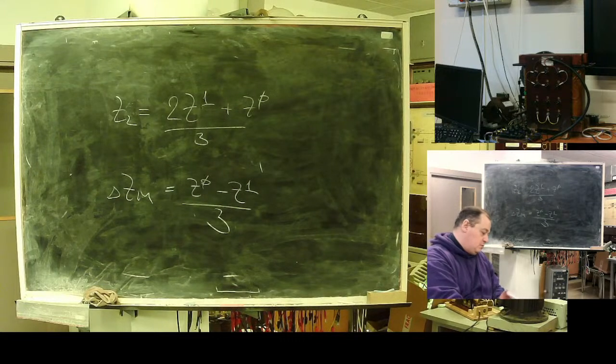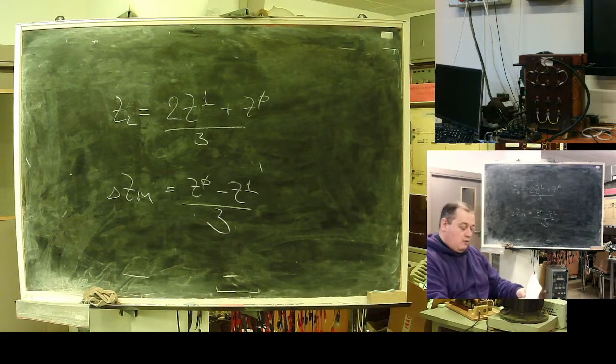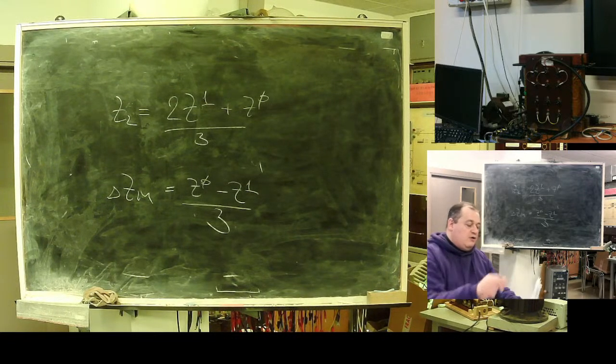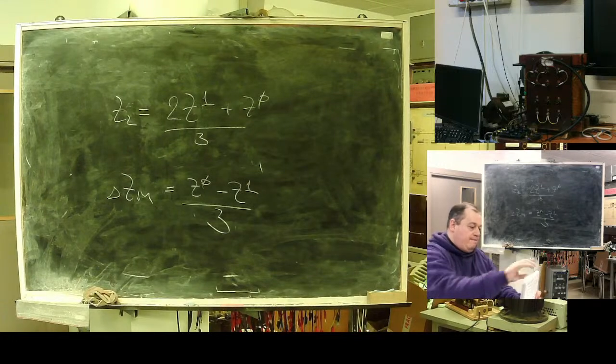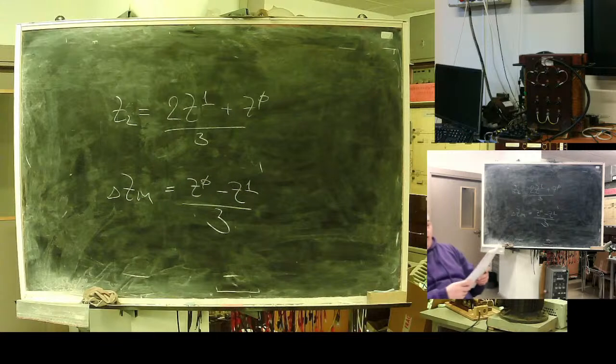What if we need real high precision and we don't have full transposition? We cannot use this model. We need to return to phase coordinates and perform calculations based on the real Carson model, taking into account all elements.